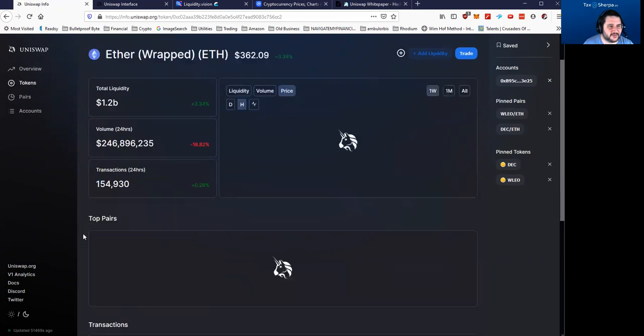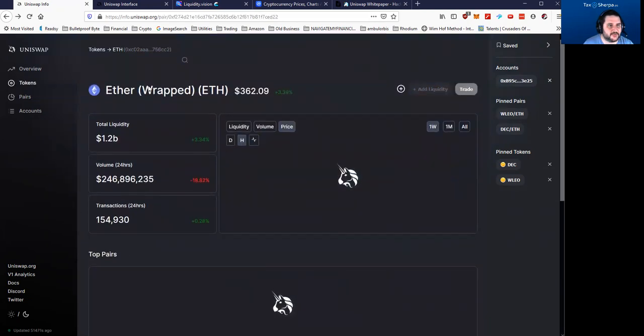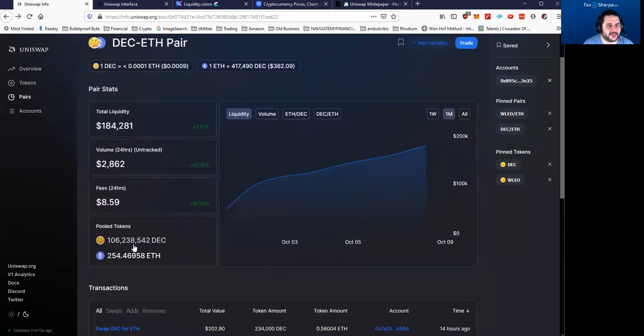So 106,238,542 dark energy crystals is equal to, by definition, 254.46958 Ethereum. Technically, these are wrapped Ethereum, but it doesn't matter for the time being. So those values are equal, and within Uniswap itself, that is all that matters.